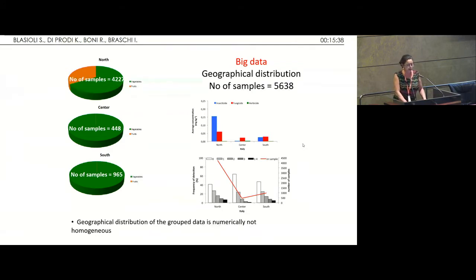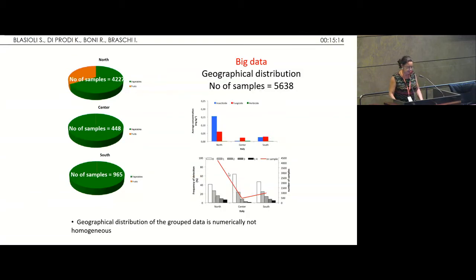If we look at the average concentration of insecticide and fungicide, because herbicides were almost absent, in samples coming from north, center, and south, we can already see a different distribution of this average concentration.